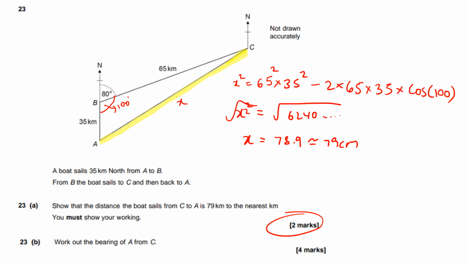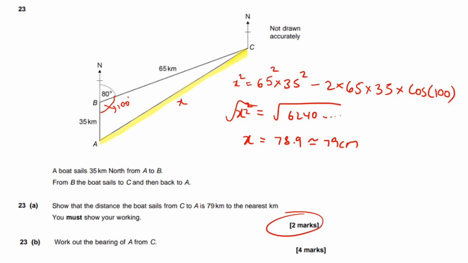Work out the bearing of A from C. So they want me to work out this section here, or I can just do it the other way around, this section there.